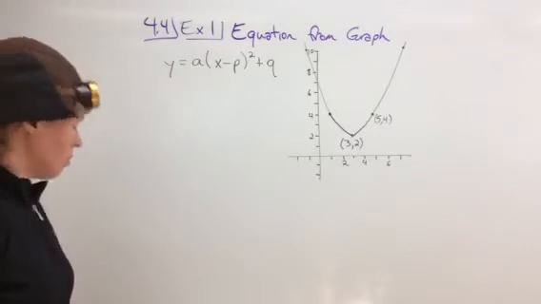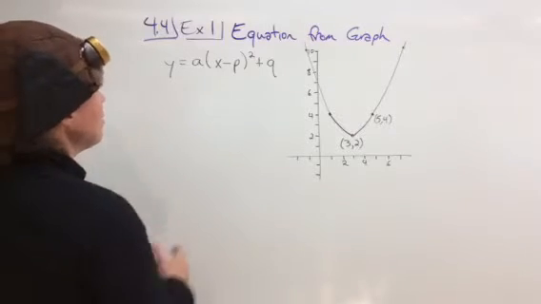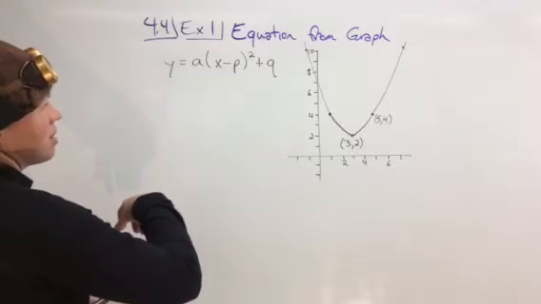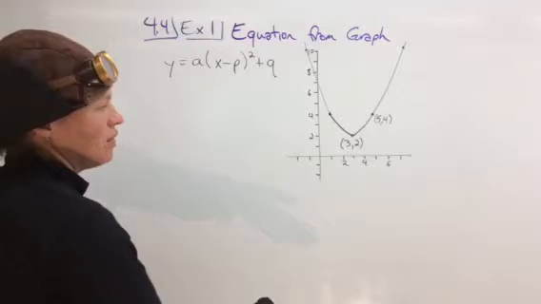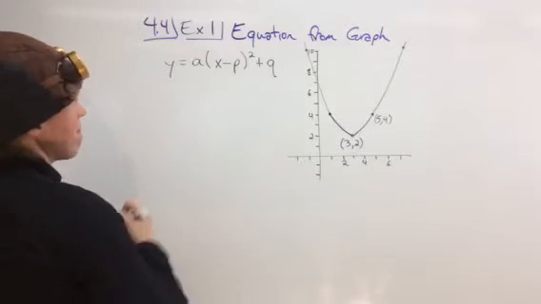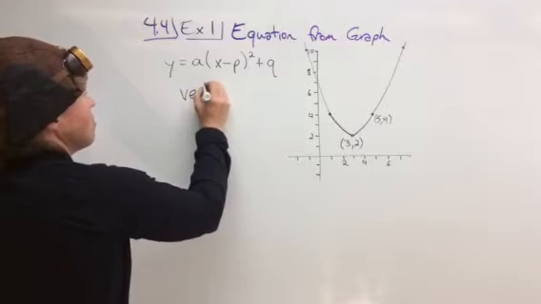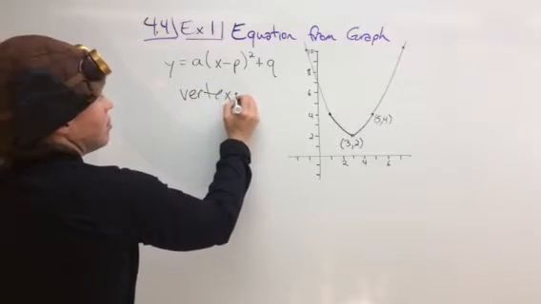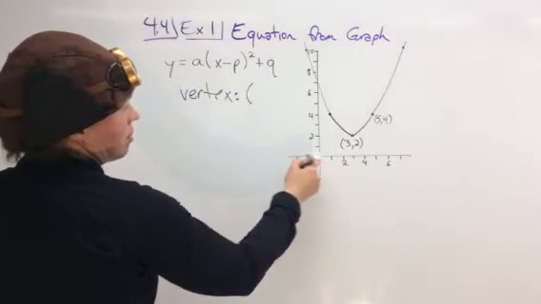So we'll start by writing out y equals A times x minus P, and then we're just going to fill in the values for P and Q. So we can see that P, so I can write down my vertex point. My vertex is 3 and 2.